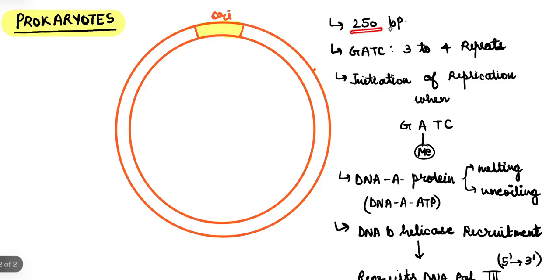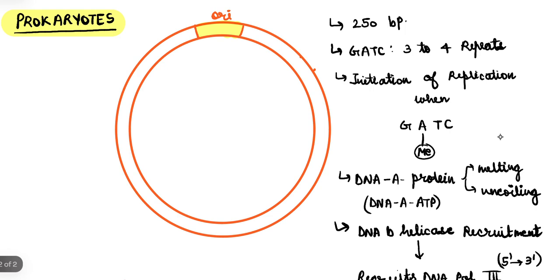The ORI site consists of approximately 250 base pairs. There are 3 to 4 repeats of GATC sequence in this ORI site. Suppose once GATC sequence here, then here, then here, then here. So there are 3 to 4 repeats of GATC sequence.